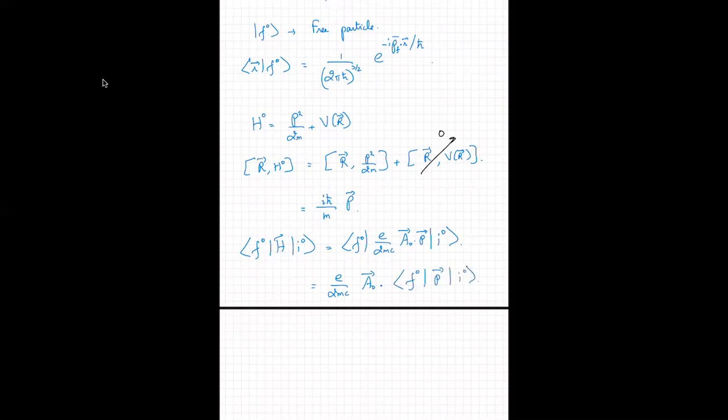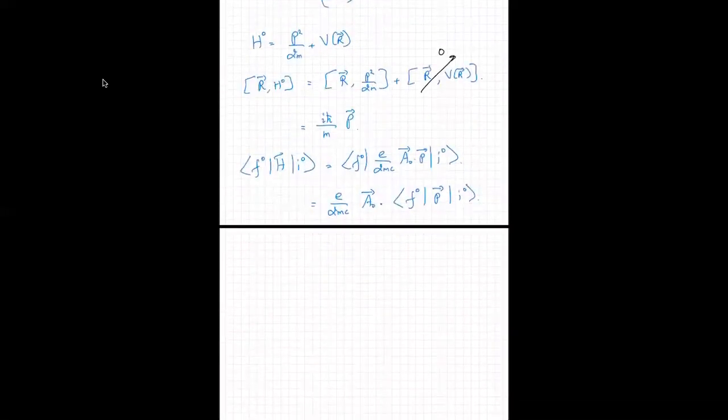And I can use this relation up here to rewrite this P as e over 2mc, m over i h bar, A0 dot F0 [r, H0] I0.